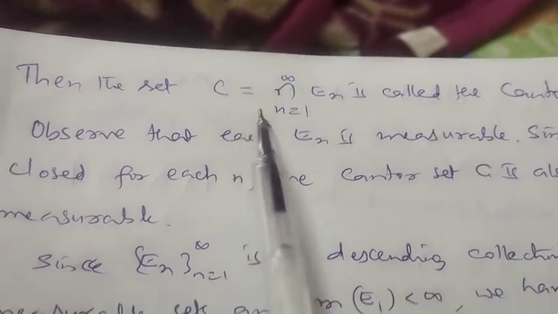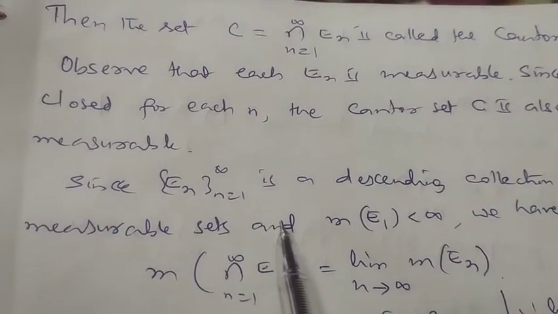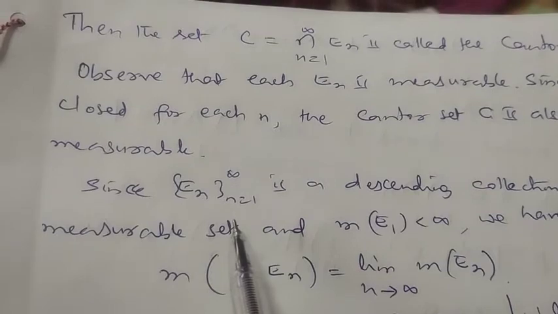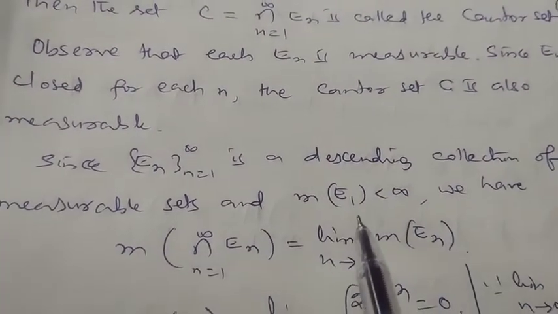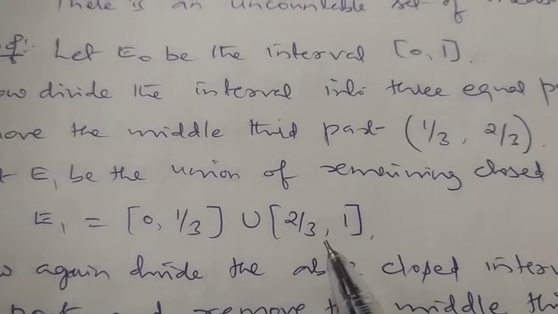Okay. Now, En is a decreasing collection of measurable sets, and the measure of E1 is definitely finite.